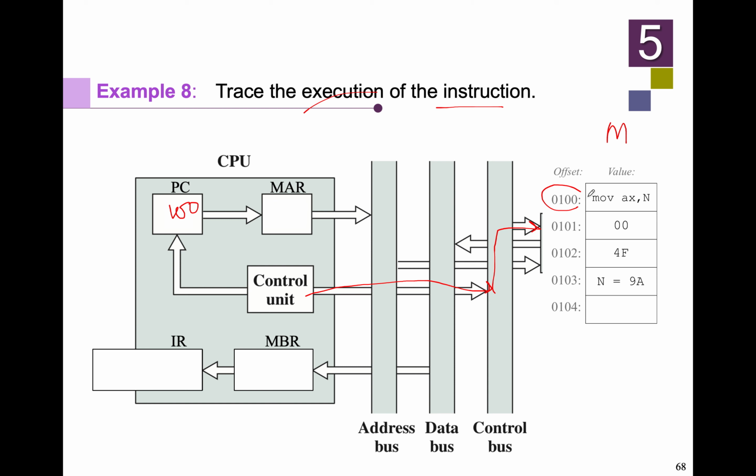After that you're going to put this value into your MAR, and your MAR will later on check your memory for the 100. What is the value? So you have the value of MOV AX.